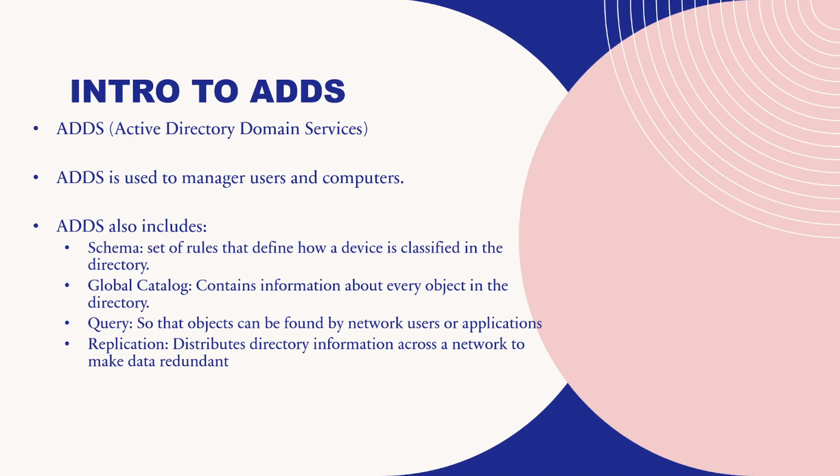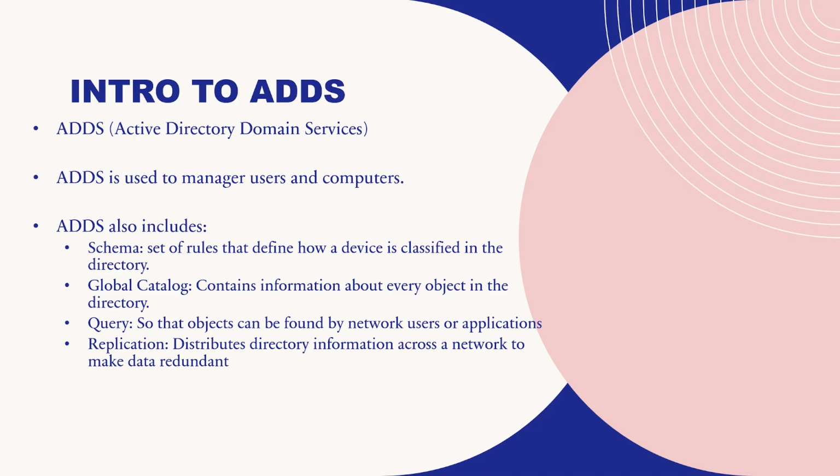There is a query base where network applications and users can search for other objects within the network. And there's also a replication aspect of it, which is very nice to have because it helps distribute directory information throughout domain controllers to make the data more redundant, right?